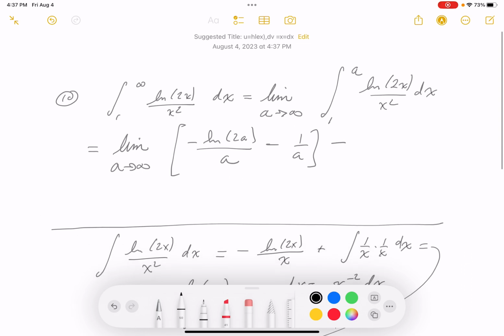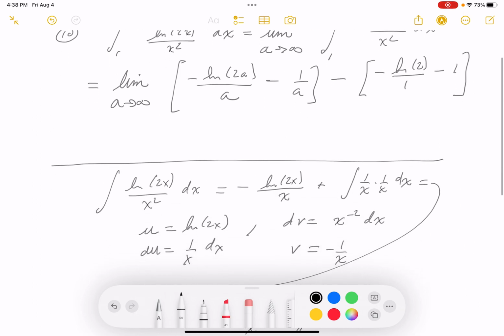Minus the lower limit, which doesn't look that bad to write down. So it's going to be minus ln, well, 2 times 1 is 2, and then 1 squared is 1. Minus 1 over x, which is going to be 1. All right, so it doesn't look that bad to do.